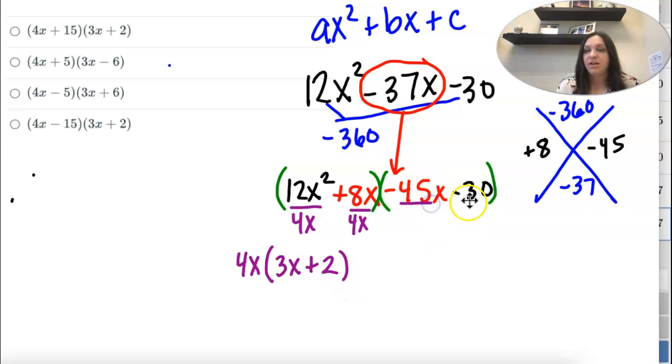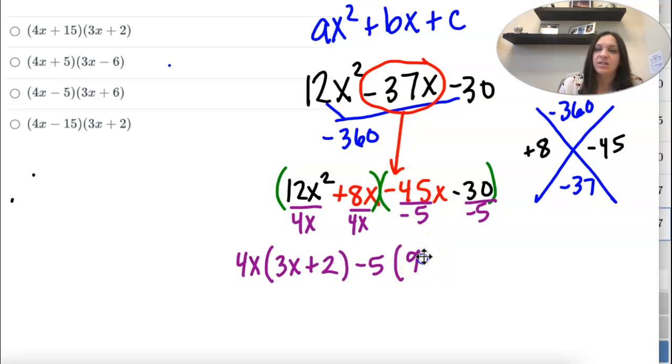Okay, what did these have in common? Negative 45 and negative 30. They both divide by negative 5. We're going to include the negative. Is that right? Is there a bigger number that those both divide by? 45 divided by 5 is 9x.